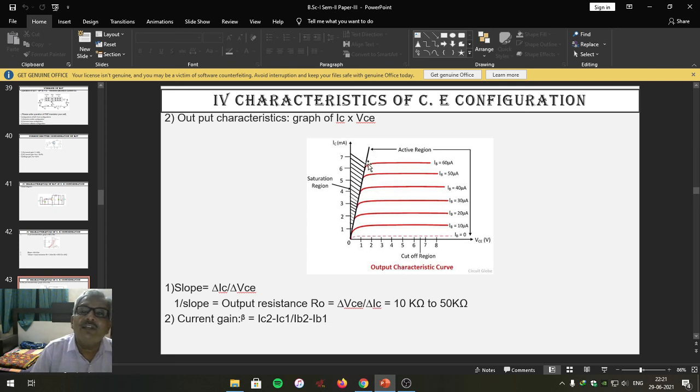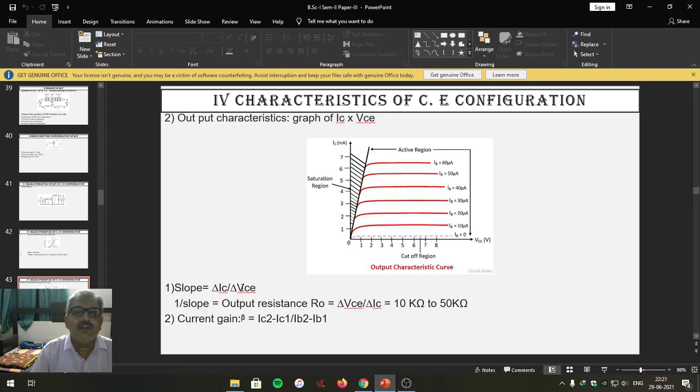Select any one of the curves, draw a tangent like this, and find its slope. Tangent drawing means select a curve point, draw the tangent, find the slope. Slope gives you delta IC upon delta VCE, the ratio of collector current IC upon collector to emitter voltage VCE.